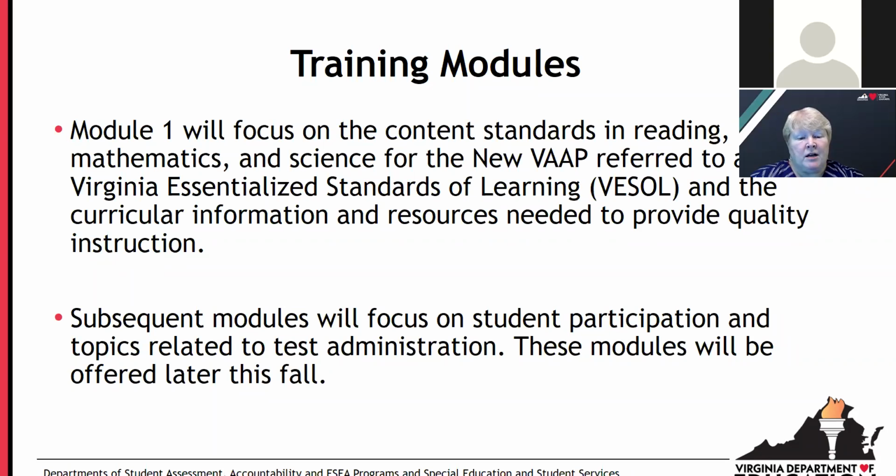We'll also talk about the curricular information and instructional resources available to support you in providing quality instruction. Again, our focus today is not so much on the specific assessment as on the academic standards and the instructional resources that we're starting to make available to you.